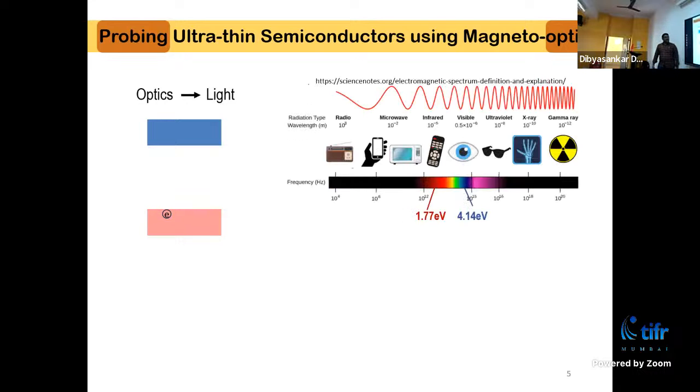So optics means light. And we all know there is a range of light. A very small part of it we can see, the VIBGYOR part, but X-ray is also a light, radio is also a light, mobile communication, microwave, infrared, remote, gamma rays, all these things are basically light.